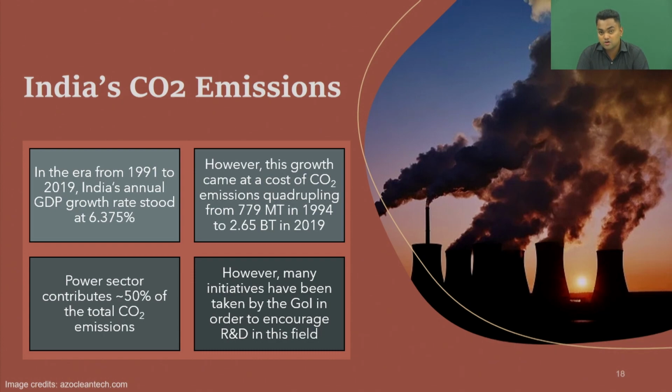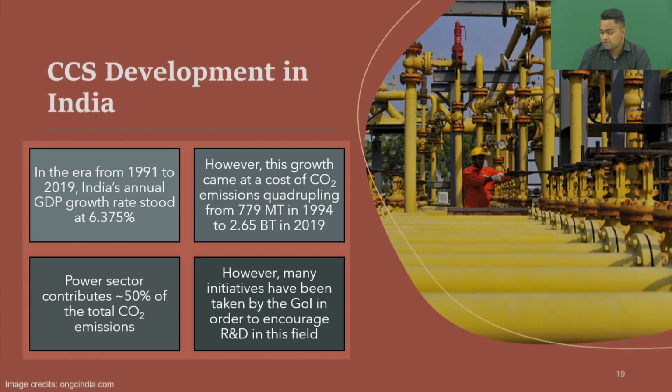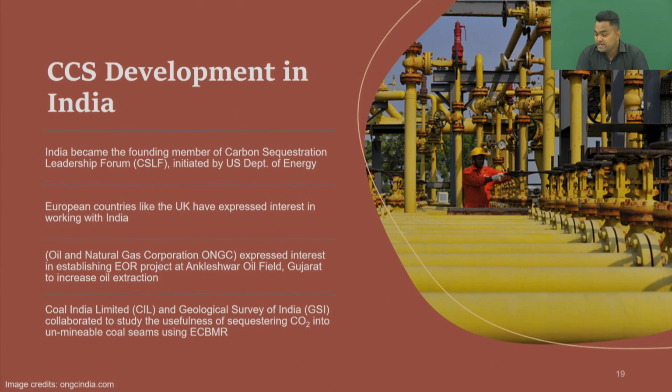The power sector contributed to around 50% of these emissions. However, India has taken many steps to employ CCS technologies in its power plants. It has taken many efforts and invested a lot in sequestering carbon in many enhanced recovery projects. There has been a lot of investment done by the nation to curb its CO2 emissions too.